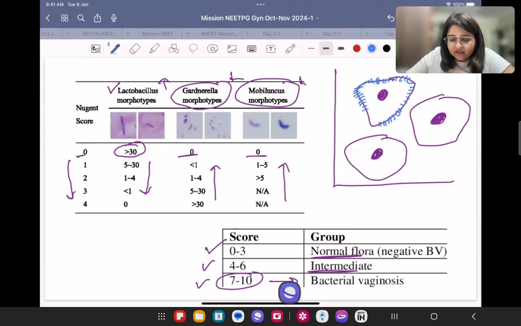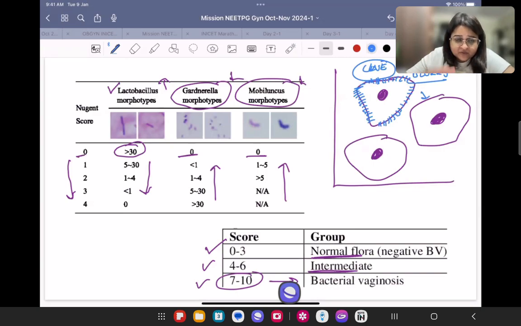So the edges are no longer smooth like this. They become blurry. And these are called clue cells. And they're typically seen in bacterial vaginosis. Okay? So in BV you'll have the clue cells, and that's one part of Amsel's criteria.